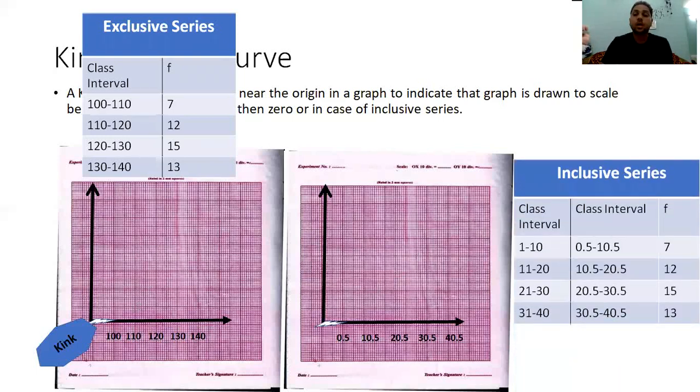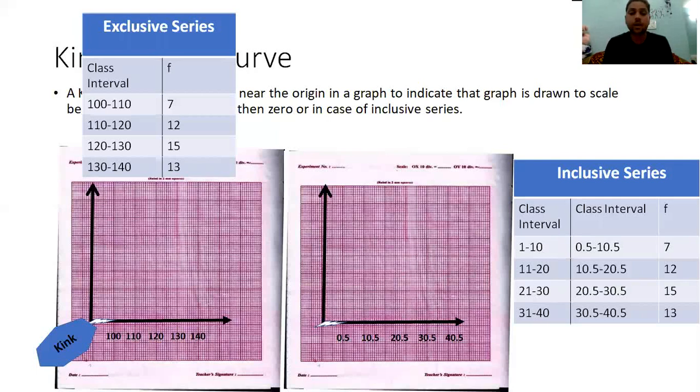Okay. Similarly, we have an inclusive series here. It begins from 1 to 10, then 11 to 20, 21 to 30, 31 to 40. First, we have to convert this series into an exclusive series.